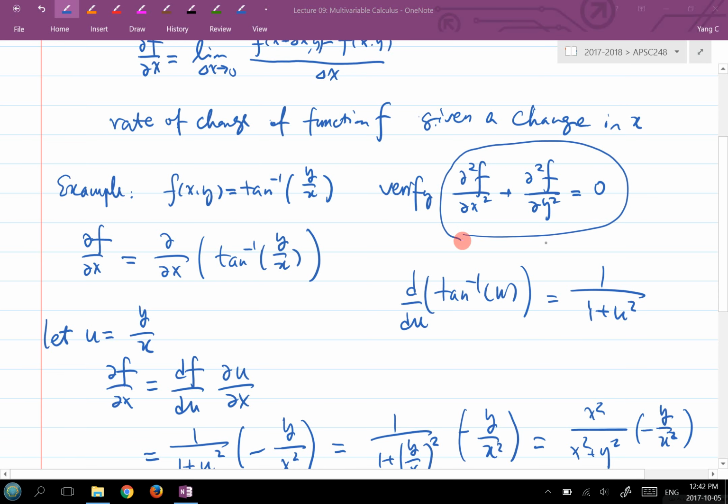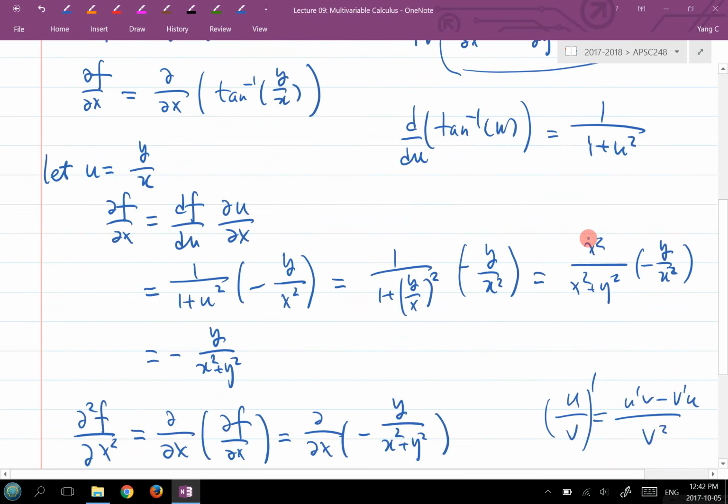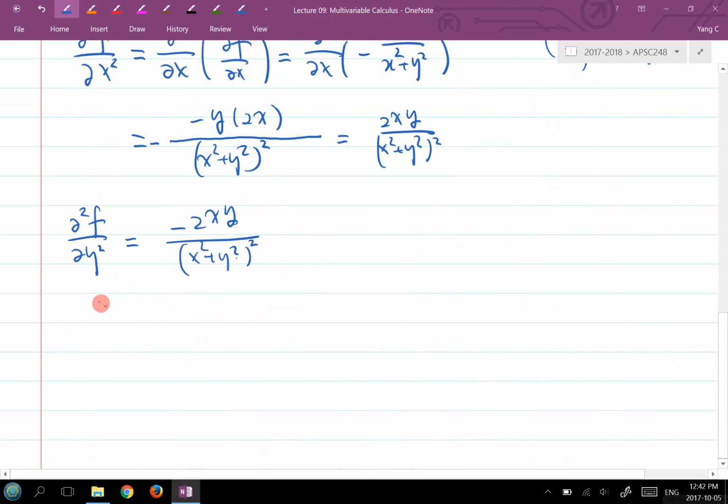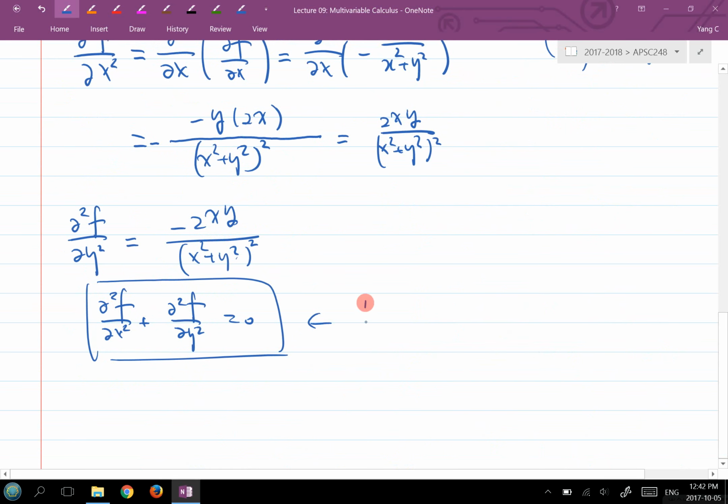Now this equation here is actually a very important equation. This one here is called the Laplace equation, and this is the Laplace equation in 2 dimensions. So it's only with respect to x and y, and you can easily expand that to a Laplace equation in 3D.